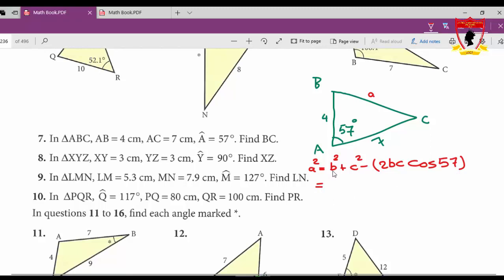Now let's just write what we have. We have B is 7, so it will be 7 square plus 4 square minus 2 times 7 times 4, times cosine of 57.